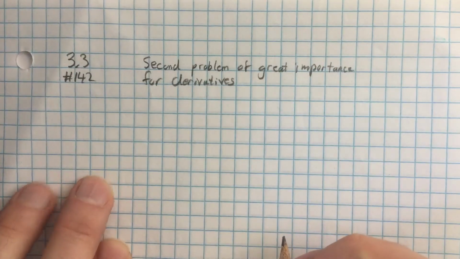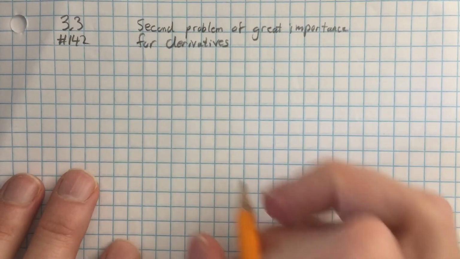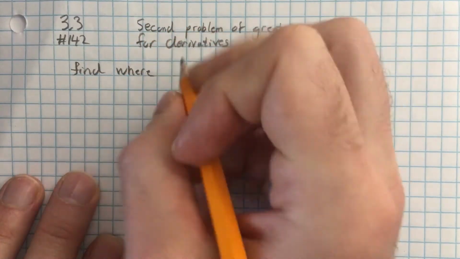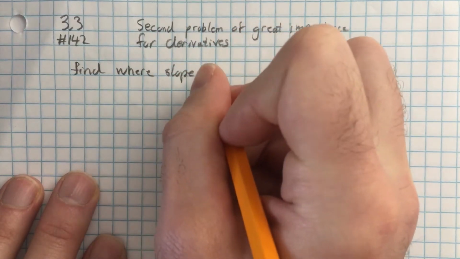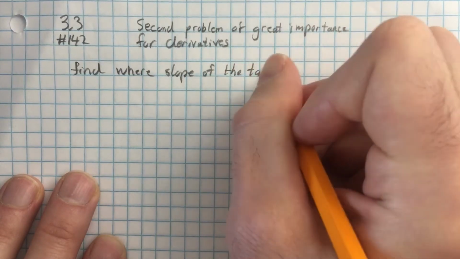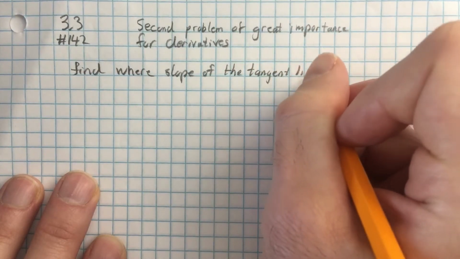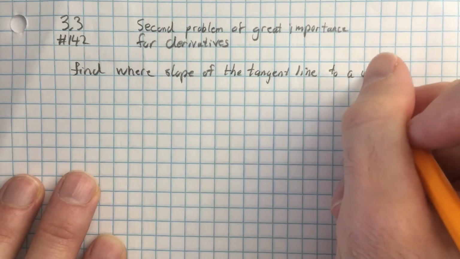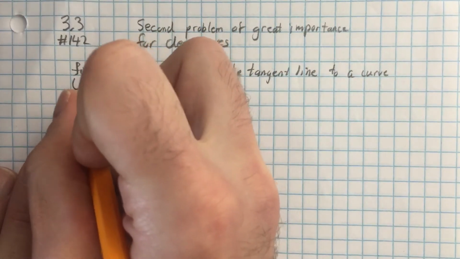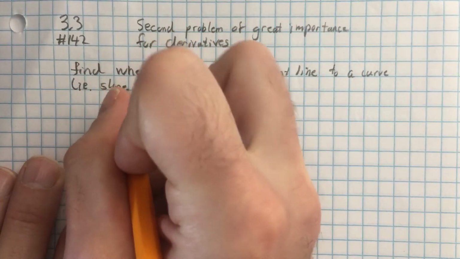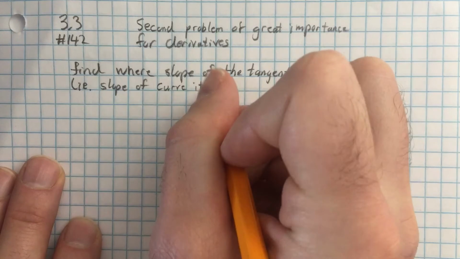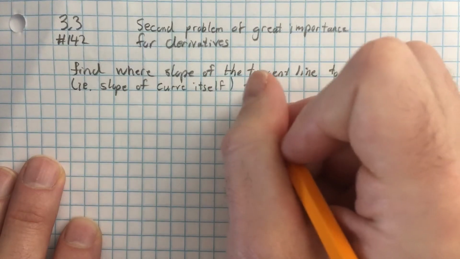Okay, it is to find where the slope of the tangent line to a curve, which is of course the slope of the curve itself, takes on a particular value.